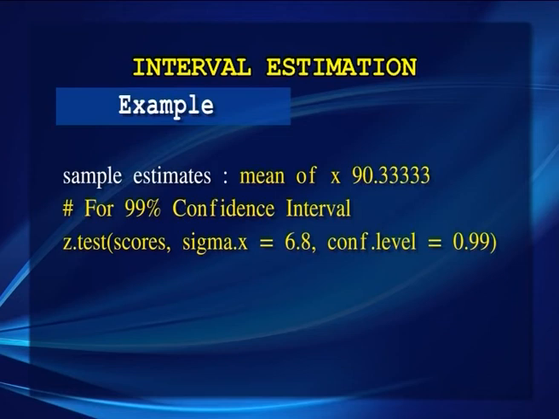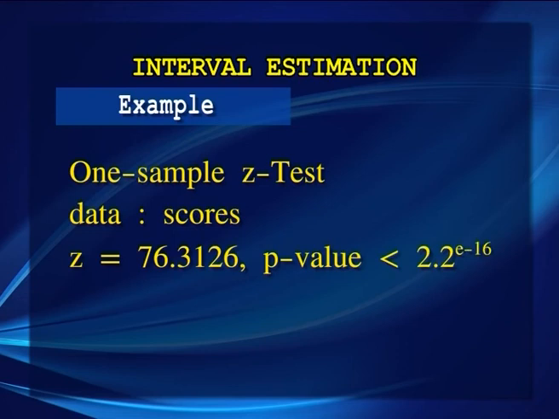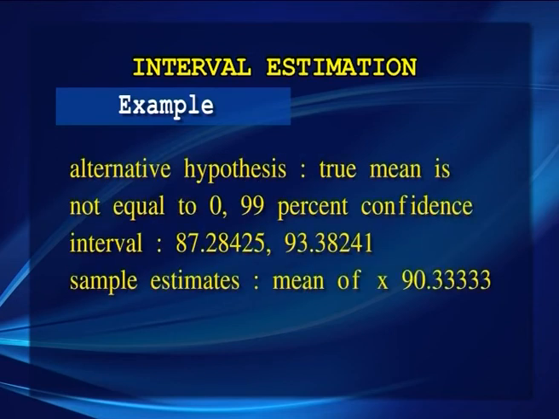Now, for the 99% confidence interval, the command is z.test(scores, sigma.x = 6.8, conf.level = 0.99). The one sample z-test gives the output: data scores, z = 76.3126, p-value less than 2.2e-16, alternative hypothesis true mean is not equal to 0, and the 99% confidence interval is 87.28425 to 93.38241.